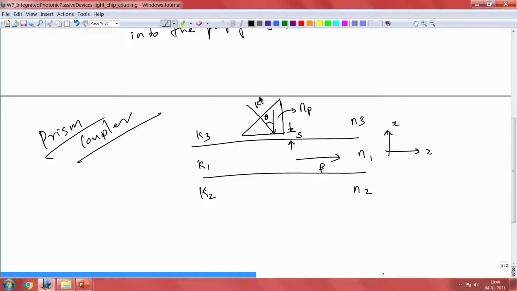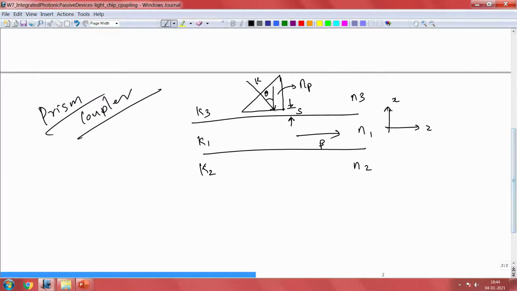So, you can zoom in to this particular region. If you zoom in, what you will see is a layer here, there are two layers and light is coming here at a certain angle theta, and this is N1 and there is a space here, this is N3 and you have here NP.